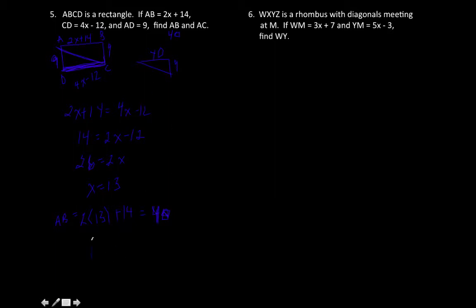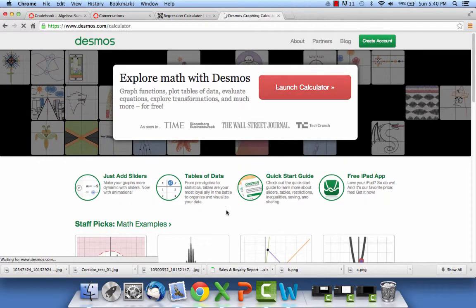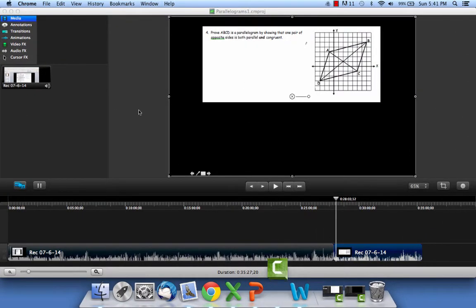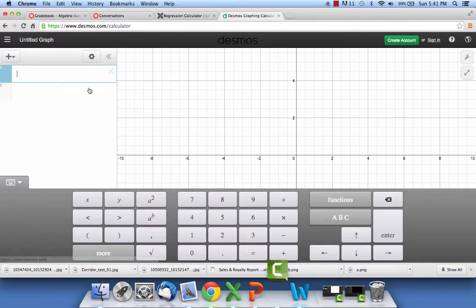So square root of 40 squared plus 9 squared, square root of 1681, 41.